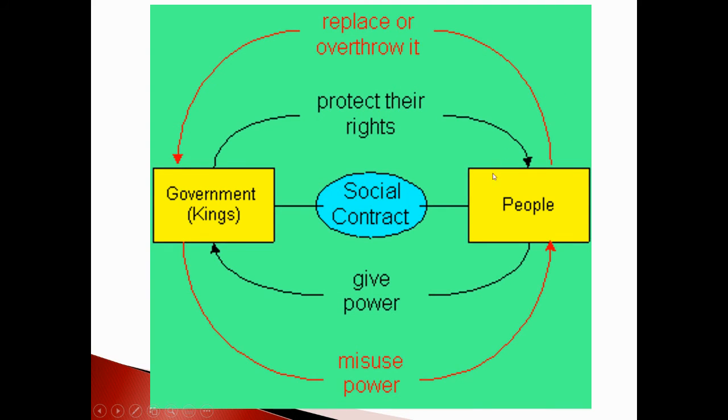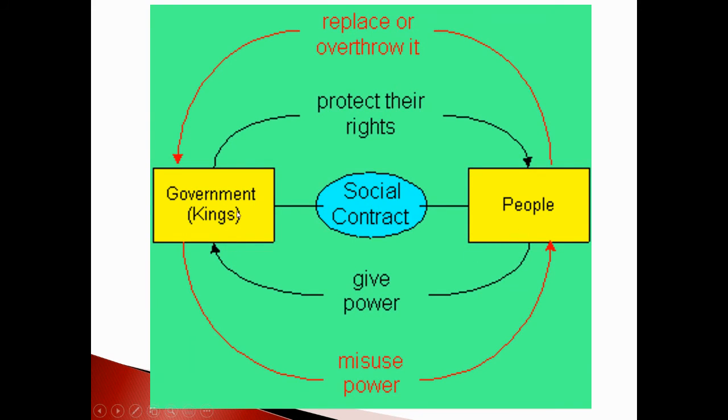So the social contract is all about the people. And so people will give away their power, their freedom, their liberty to a government, and in some cases like a monarchy, as Hobbes thought was the best form of government, to kings. Then it was the duty of the king or the government to protect the people's rights, to protect their property, to protect their life, to protect their liberties. And so if you gave more power, then the idea was that people would have their rights protected with a greater amount of force.